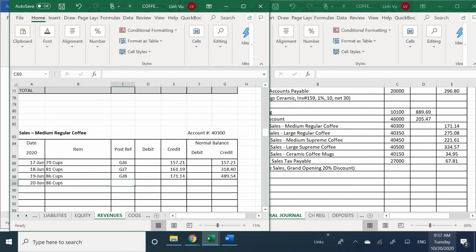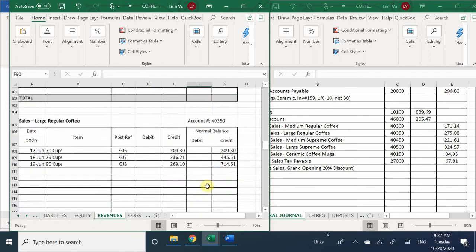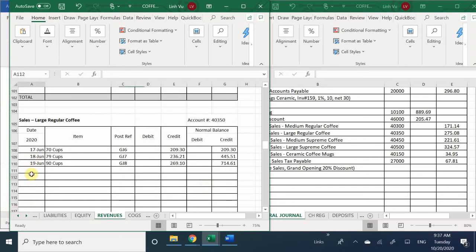General journal. For how much? 17114. Bringing my grand total to 660.68.